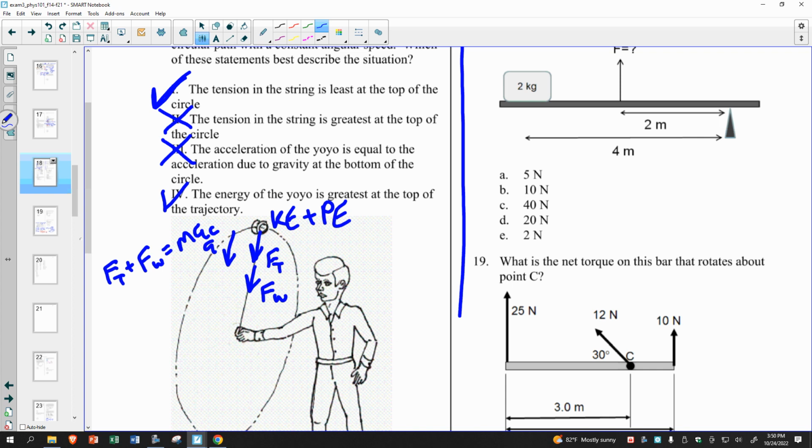And so these are both negative, and so I can solve, I did this in class, I remember, I can solve this for Ft, and I find that if I compare it to the tension at the bottom, that the tension is less. I have that negative term, whereas in the bottom I have a positive term. Like the elevator problems, right, in chapter 4. Going up, the tension is big. Going down, the tension is small.